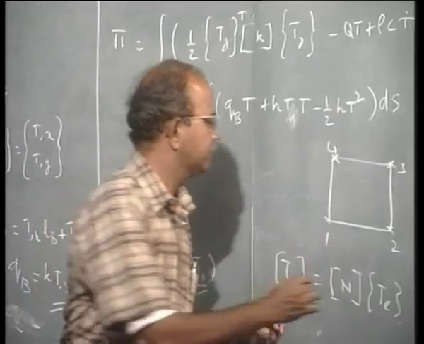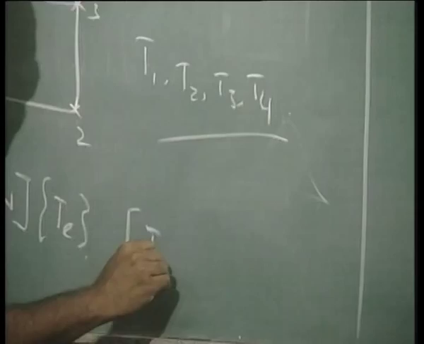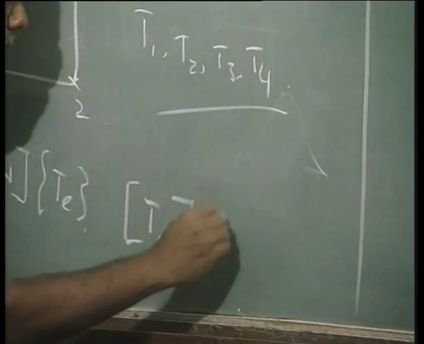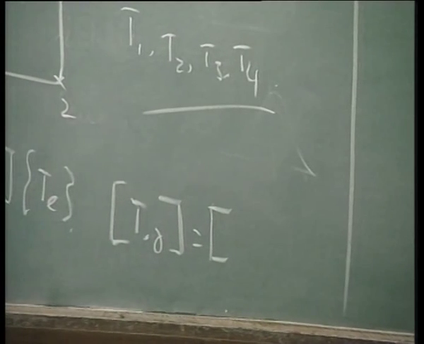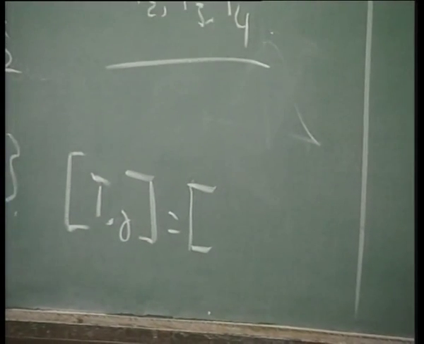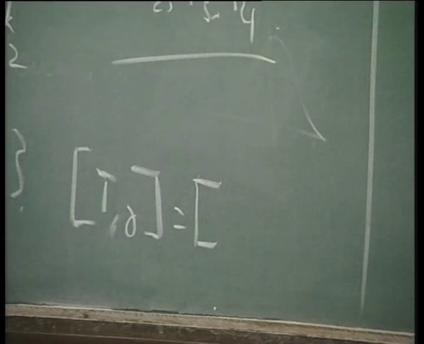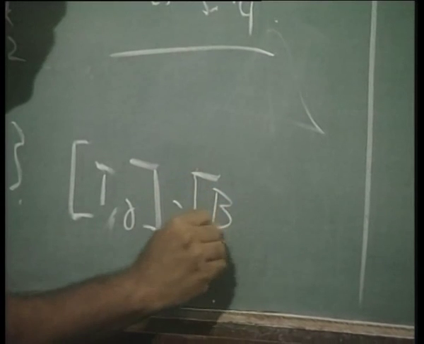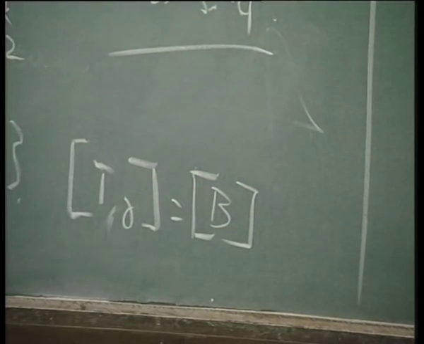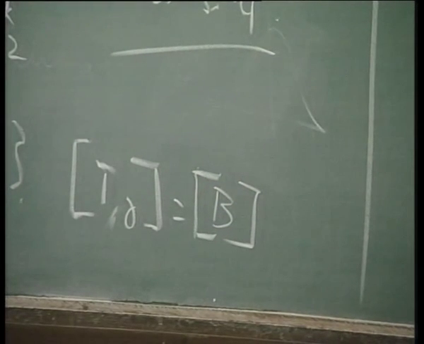Or in other words, extending this, it can be written as, what did we call it? B, correct, that is it. So this is similar to B times T, very good.